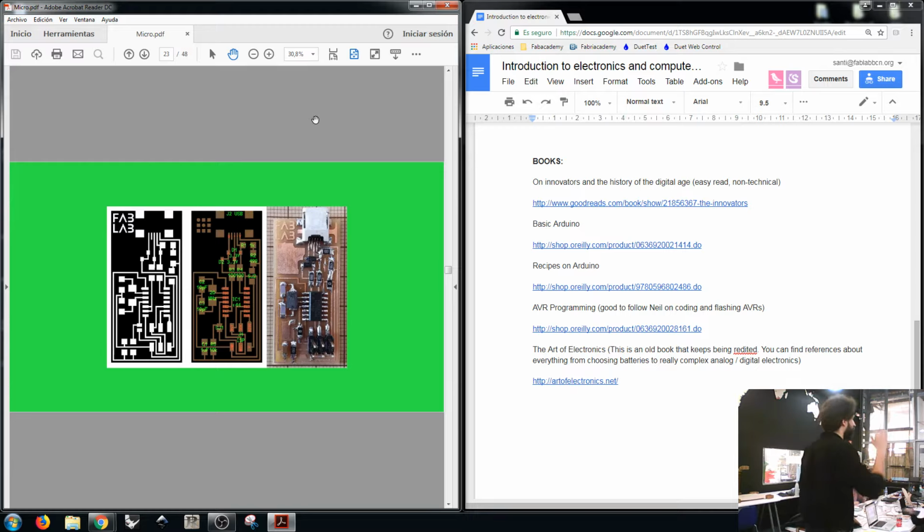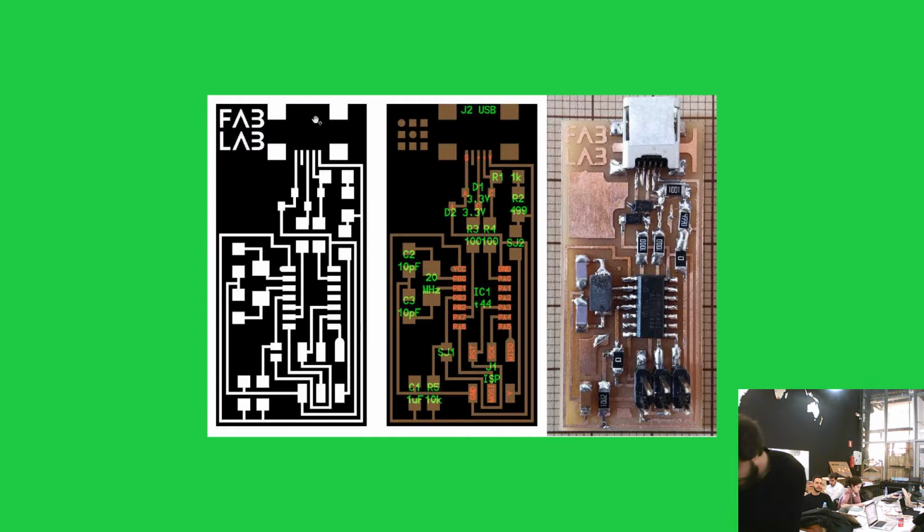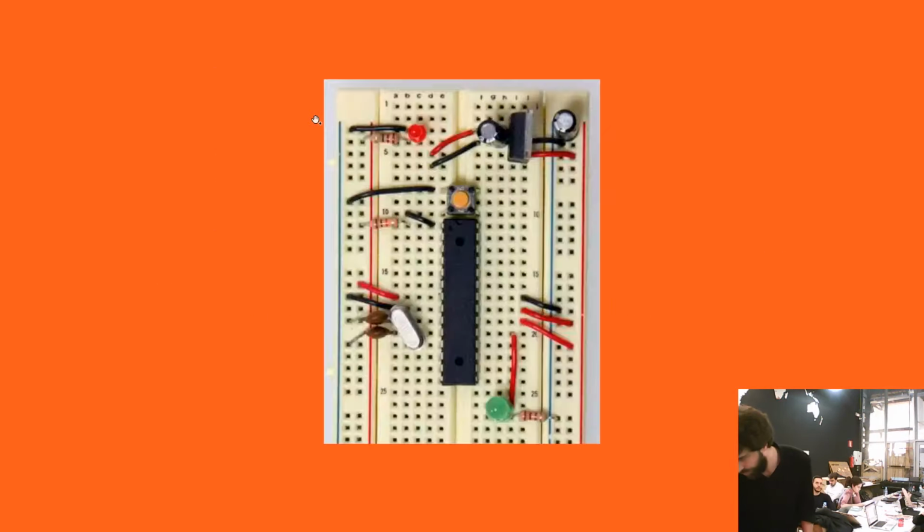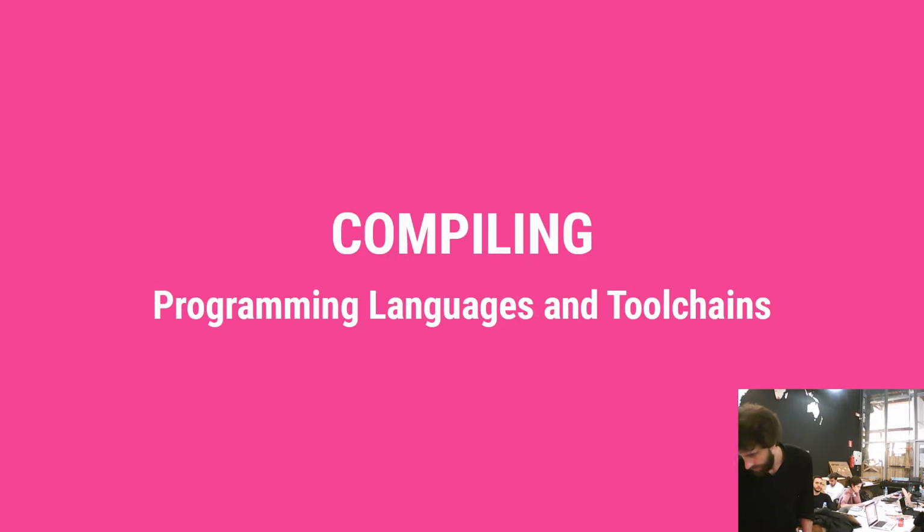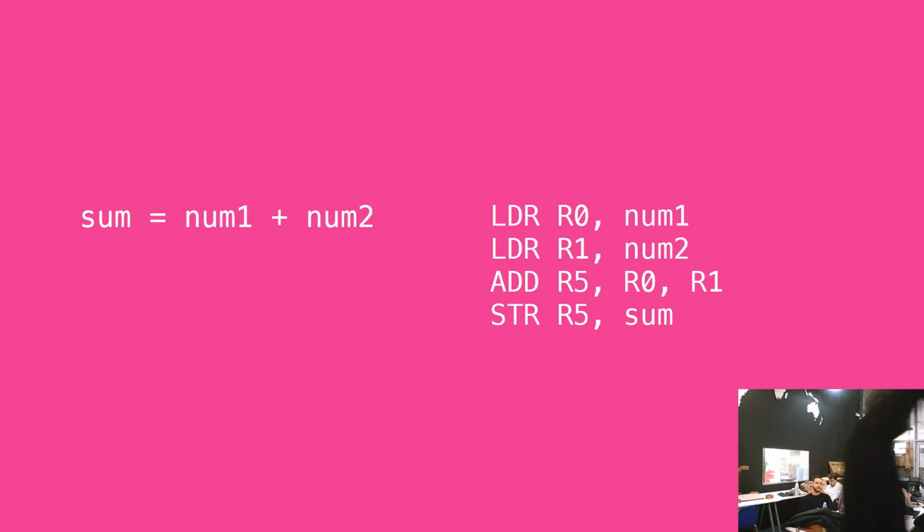We'll use them because they are really well known. The compile chain, so the tools that you need to turn this C code into that, are fully open source. That doesn't happen for other families.